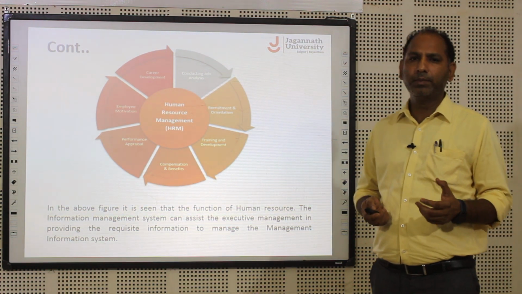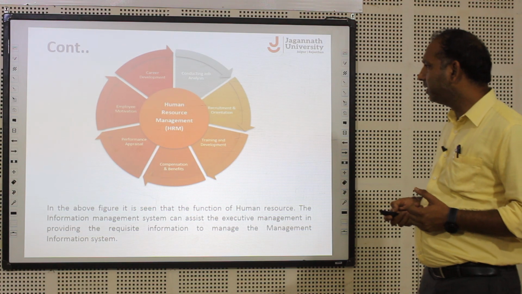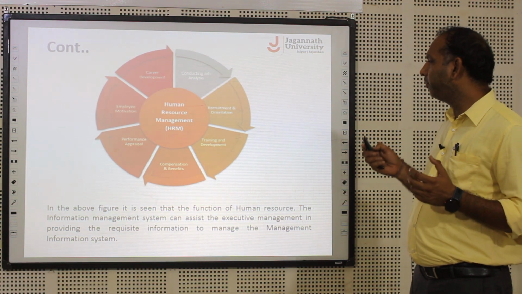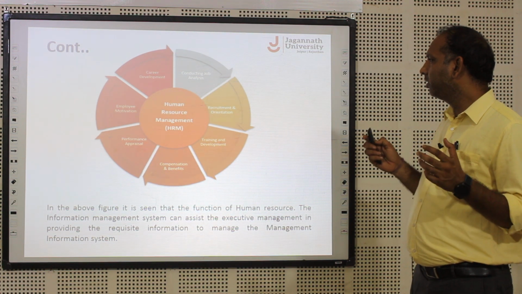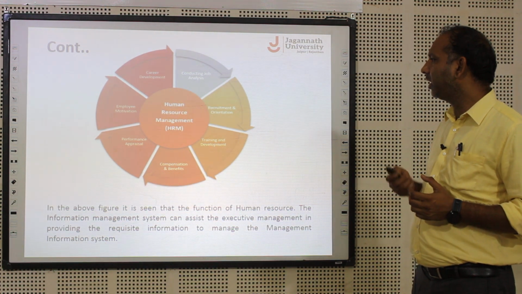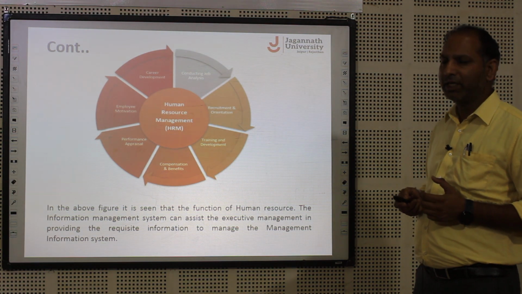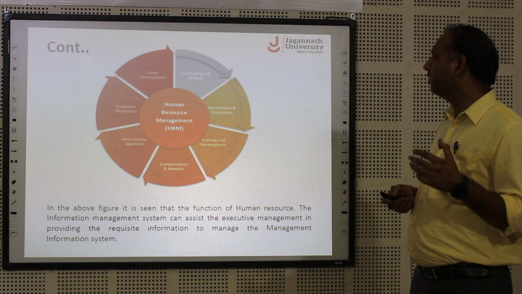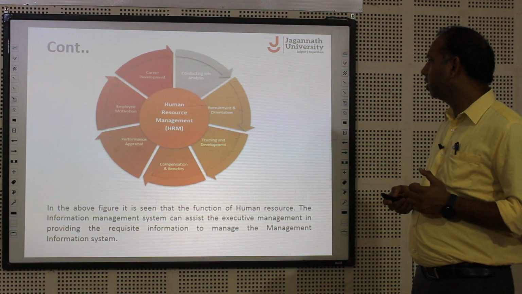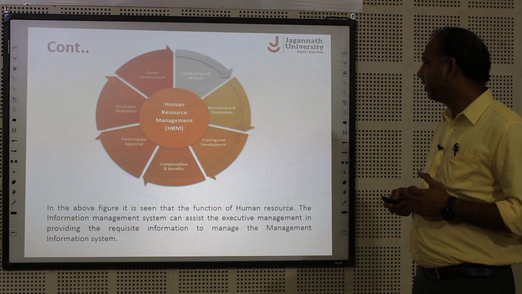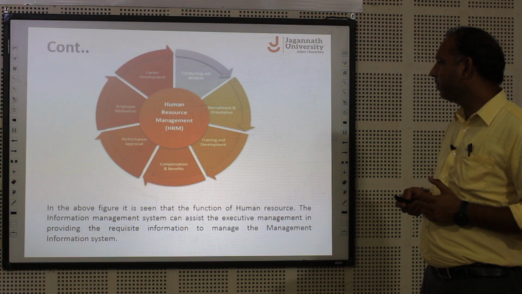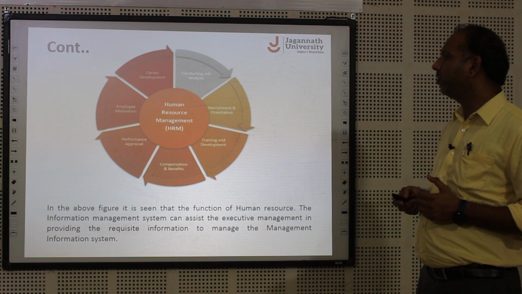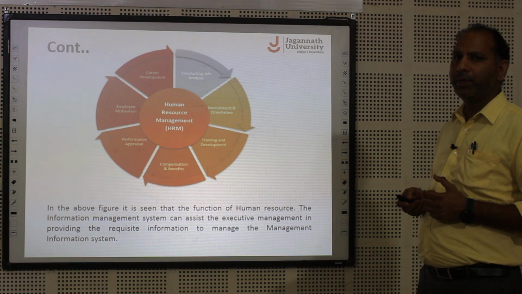This is the systematic diagram which represents human resource management. There are the following components which are helpful for human resource management. The first one is conducting job analysis, then recruitment and orientations, training and development, compensation and benefits, performance appraisals, employee motivation and career development.